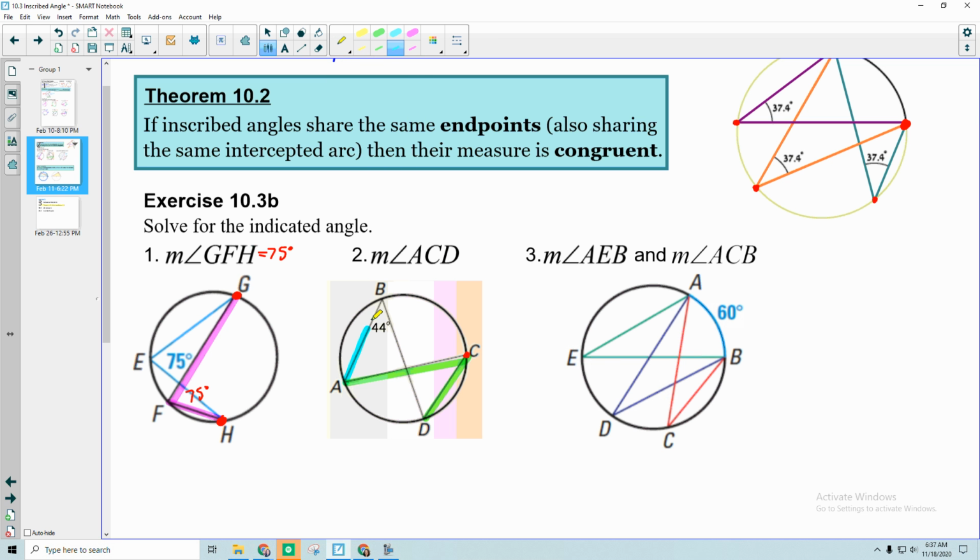And then we have this other angle here, which is also inscribed. And it looks like both of them share the same endpoints, A and D. Those are both the same endpoints. So since I have all of that together, that green angle should be 44 degrees as well. The exact same thing.